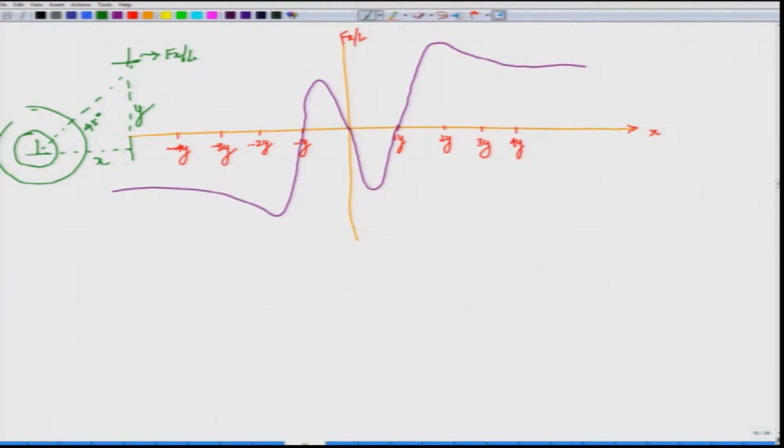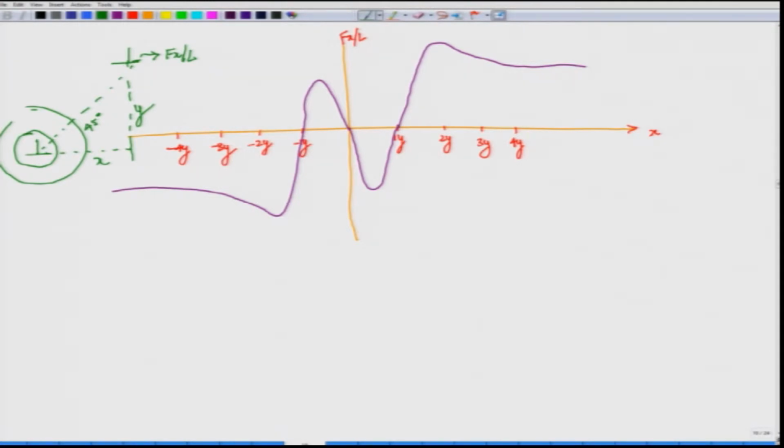So, when we have x equal to 0 somewhere over here, we see that f x by L is 0, and if we keep increasing x until we reach this point where x is equal to y, exactly at 45 degrees, then again it becomes 0.